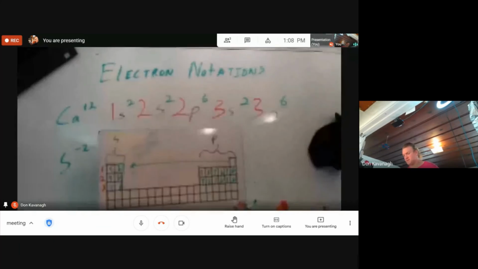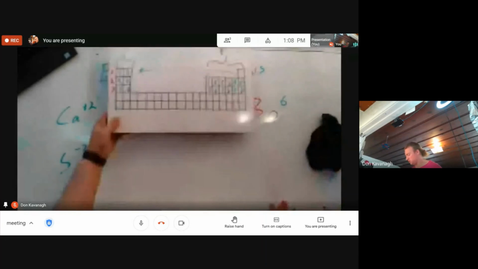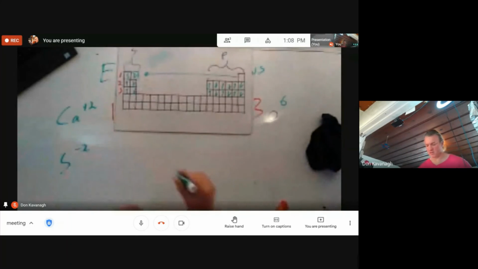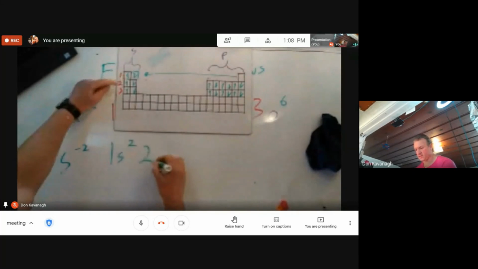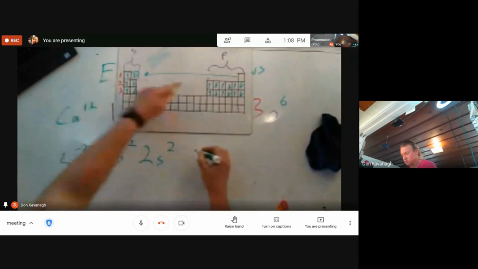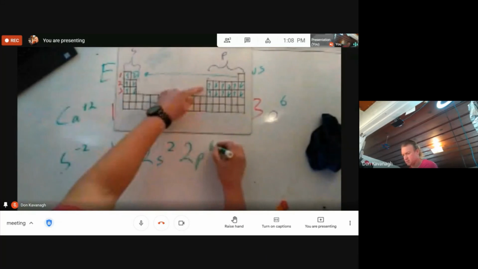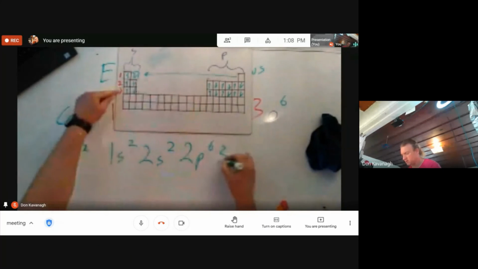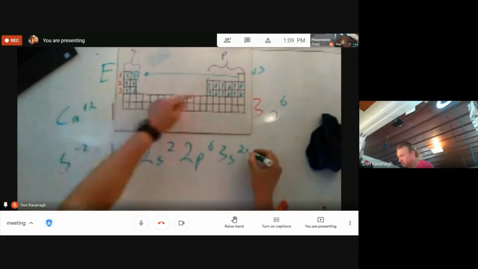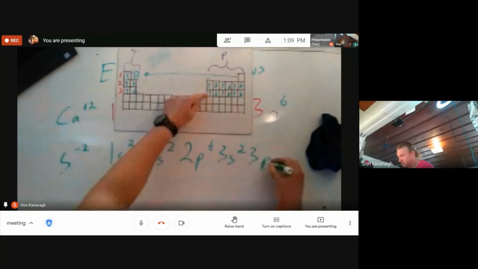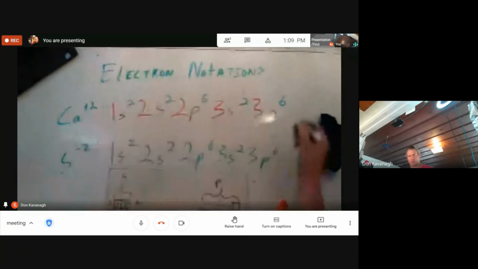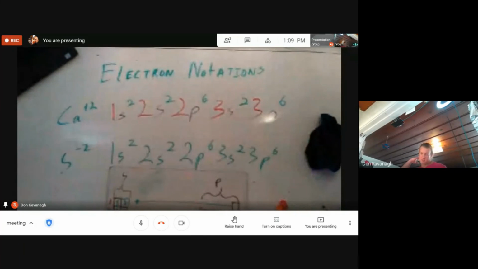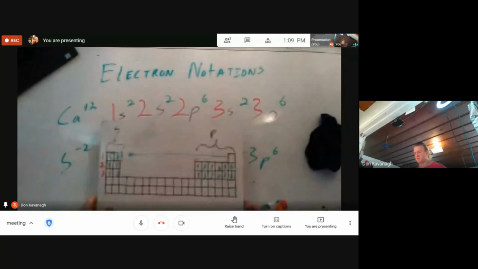But to write this out: 1s2, 2s2, 2p6, 3s2, 3p6. These atoms have identical number and arrangement of electrons, different charges because of the number of protons that are in the nucleus. Hope this helps.